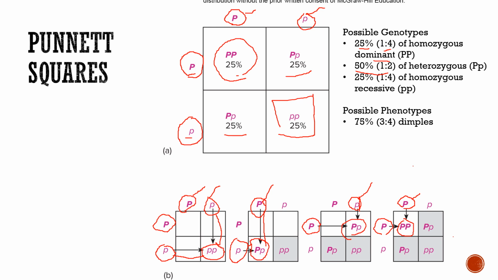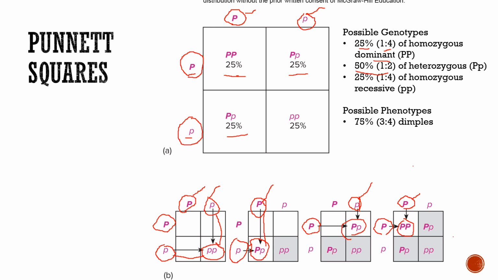Okay, so if I kind of clear all this here so we can see. All right, so now again, there's a 75% chance because the homozygous dominant would produce the dimples, but also the heterozygous offspring would also show dimples because it is a dominant trait.